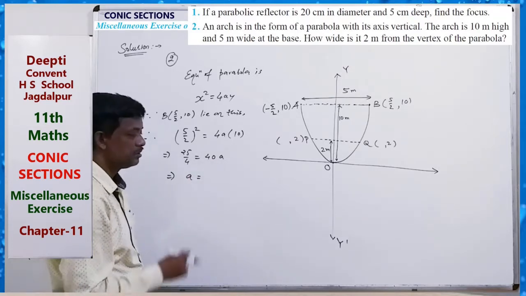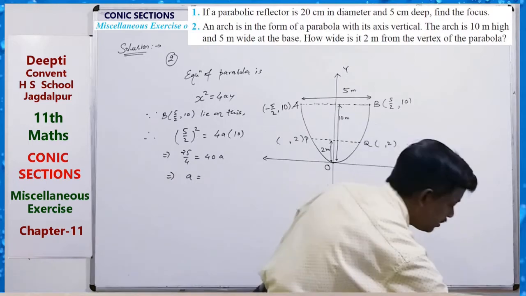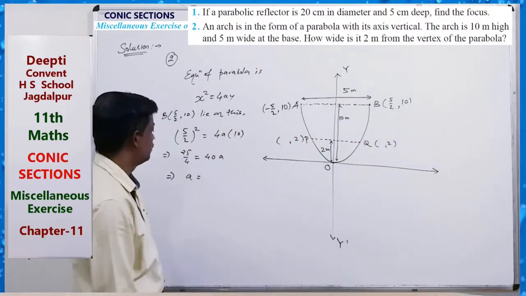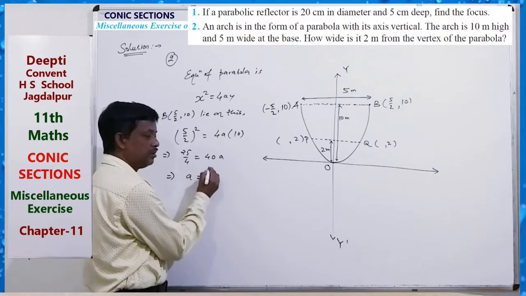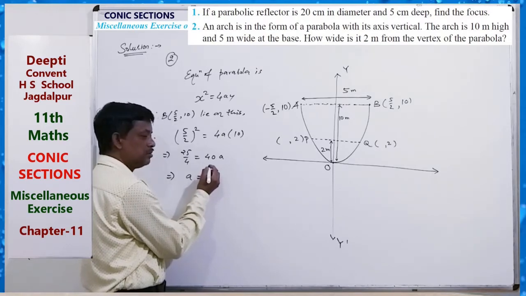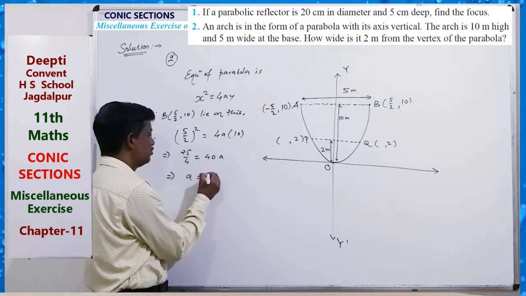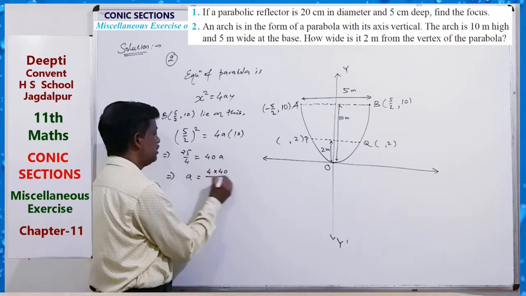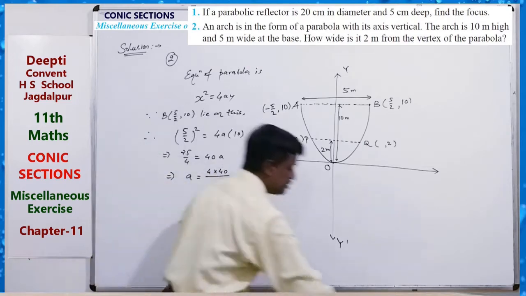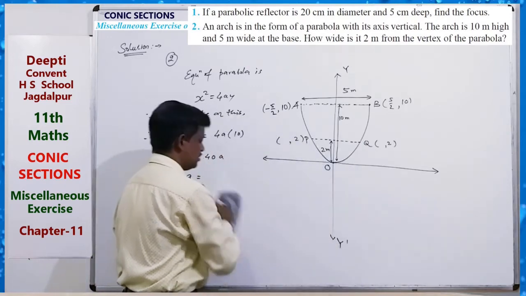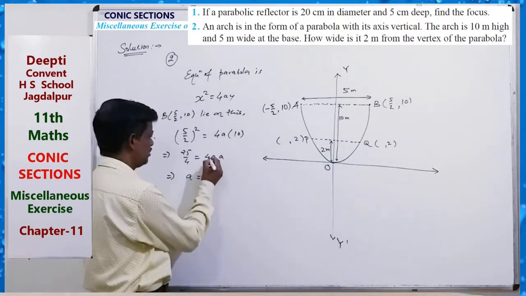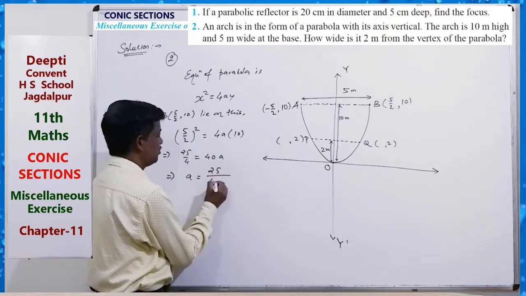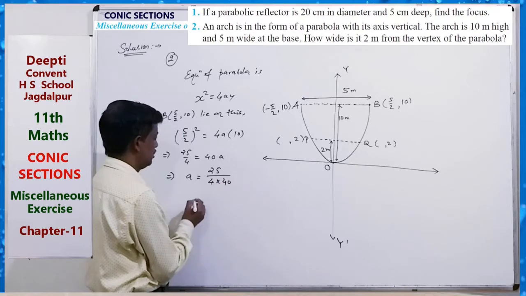a equals 25 by 4 into 40, just solve it.